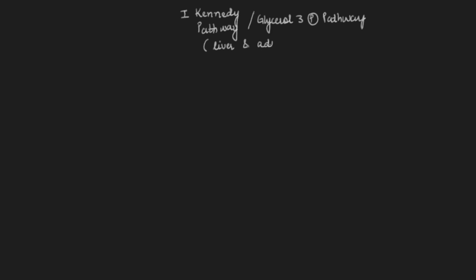The most common pathway is the Kennedy pathway, also called the glycerol 3-phosphate pathway. And this pathway is undertaken in liver cells and adipocytes.